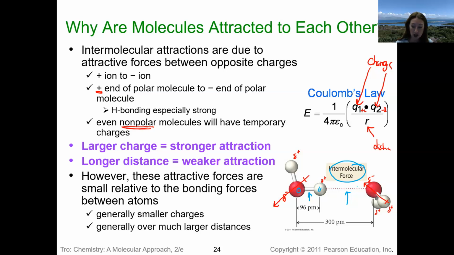So the larger the charge, go back to my red, the bigger the dipole, the stronger the charge, the stronger the attraction, right? The longer the distance, the weaker the attraction. So the bigger they are, the weaker they're going to be attracted. So we're going to talk about these.